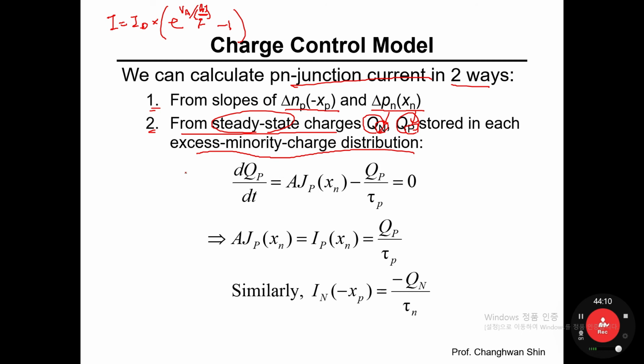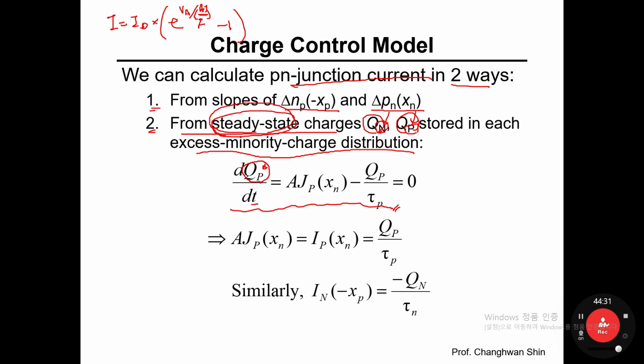In the previous slide, the total charge coming from the excess hole concentration can be written with this equation. But now we are talking about the steady state.